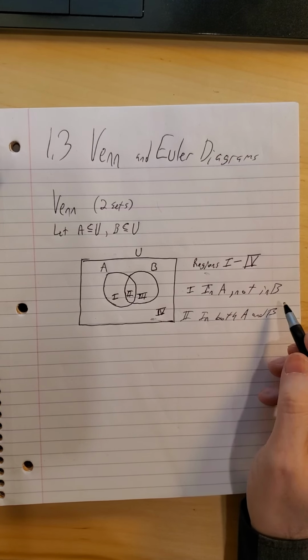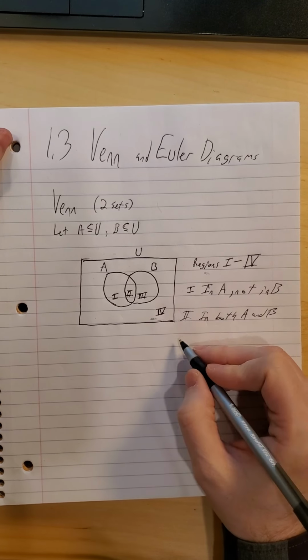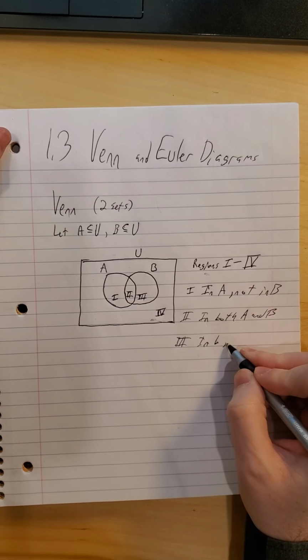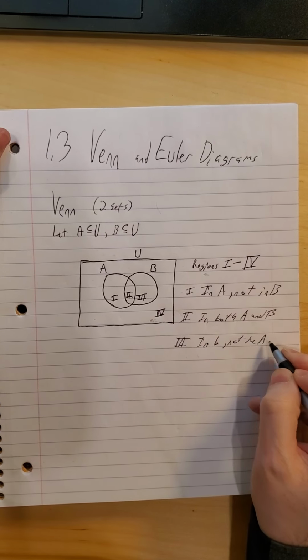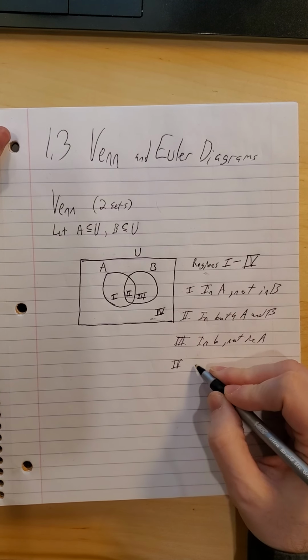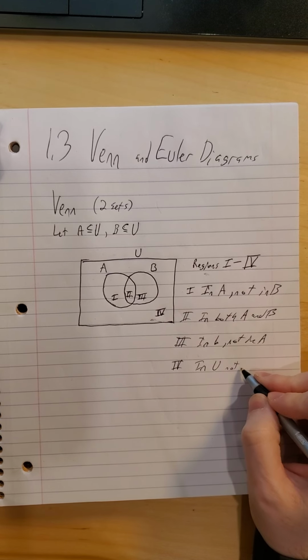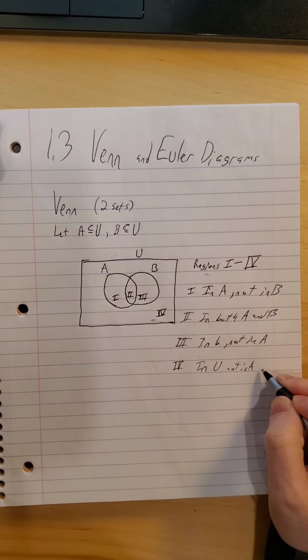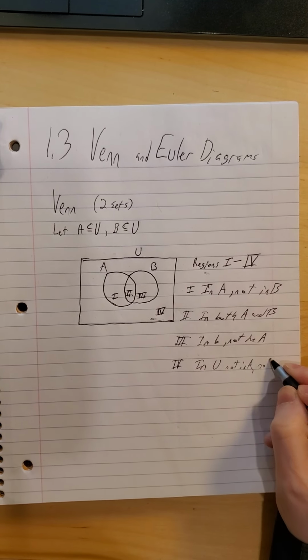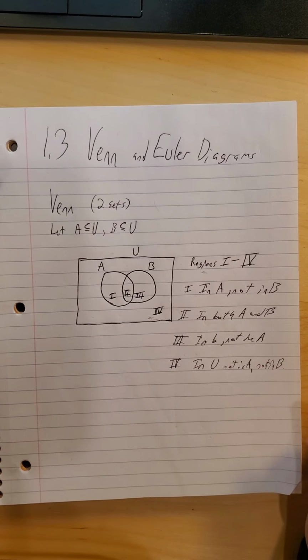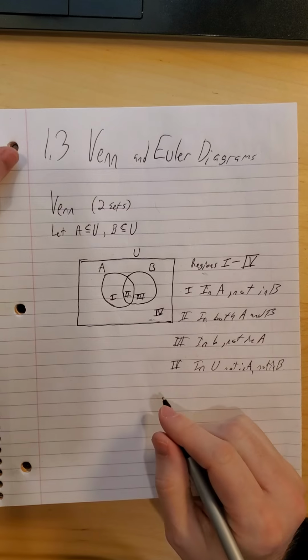So 1 is in A, not in B. 2 is in both A and B. 3 is in B, not in A. And 4 is in U, not in A, not in B. So neither A nor B.